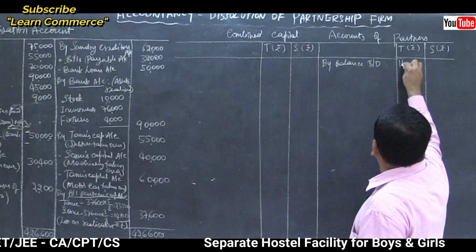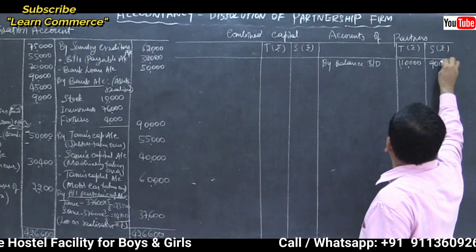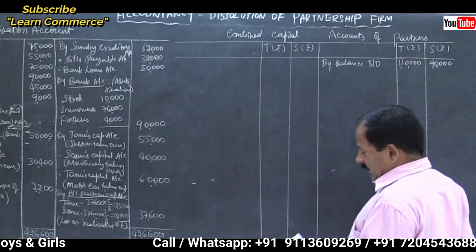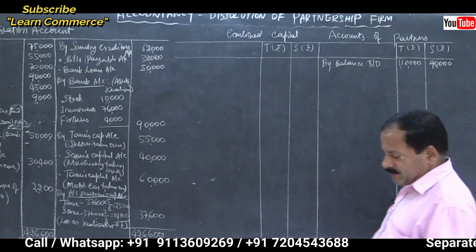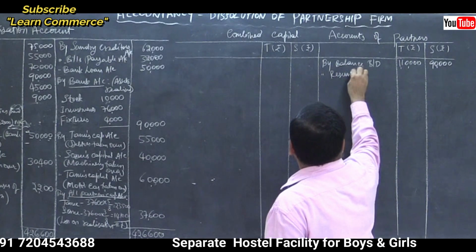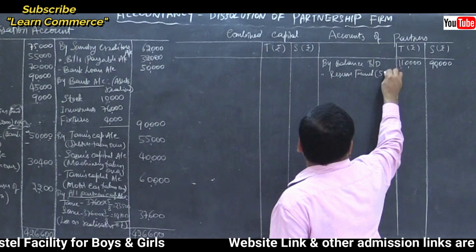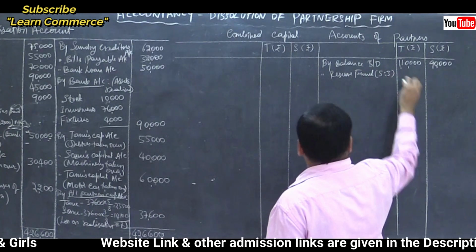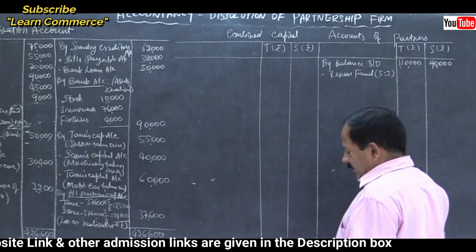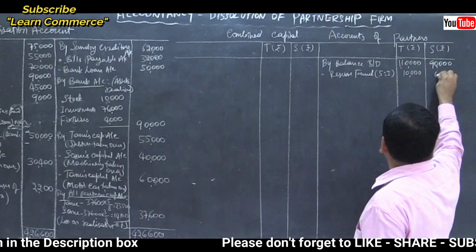Yes, 1,10,000 and 90,000. Then there is a reserve fund in the balance sheet, credit by reserve fund. 5:3, right? Their ratio, share it, 10,000 and 6,000.